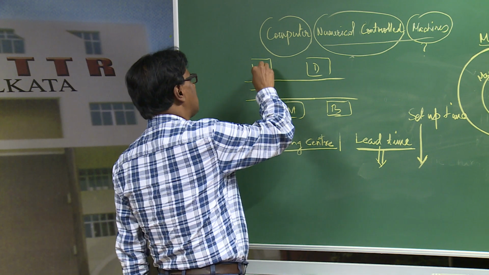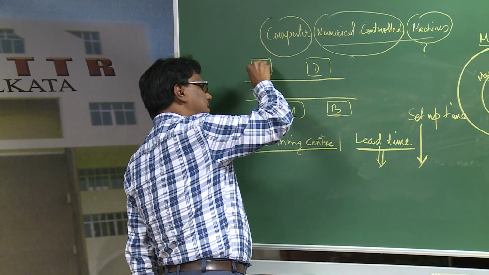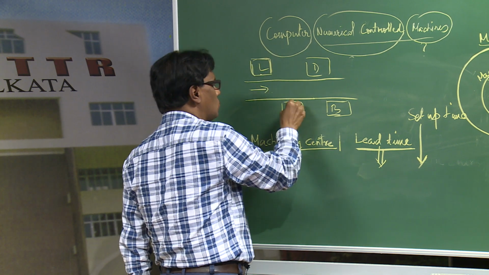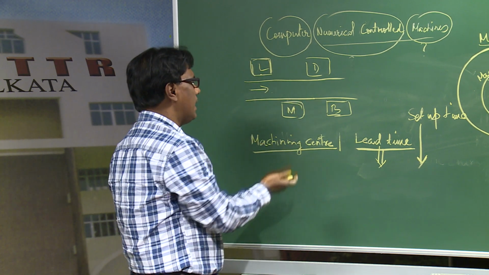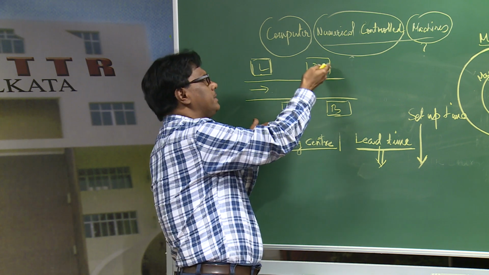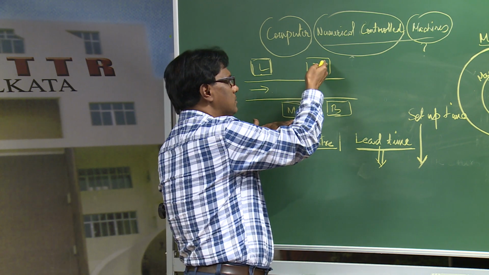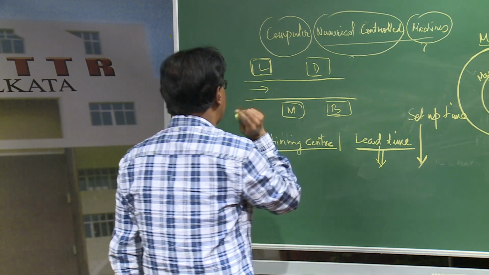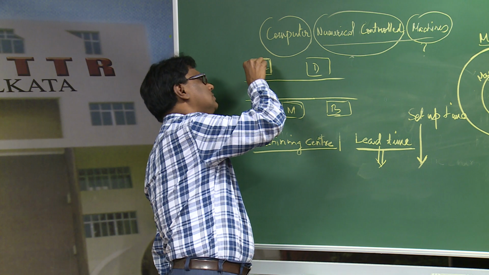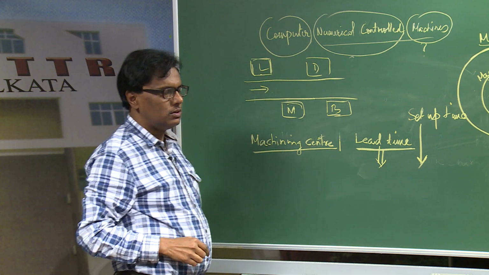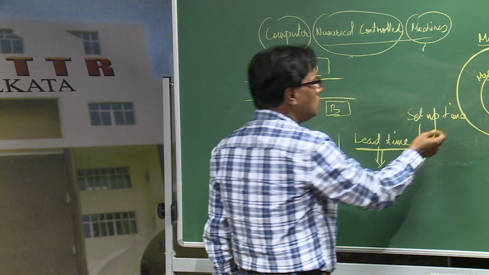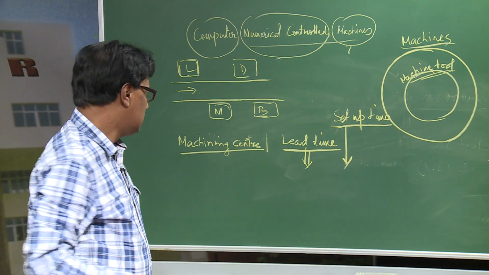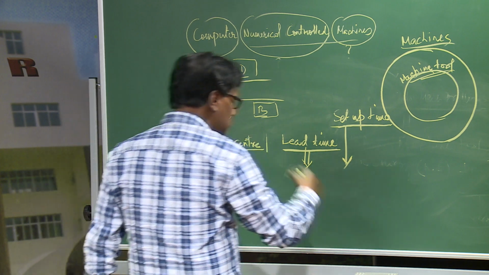So, for this product first I have to set up the job in the lathe, then once this lathe operation is completed, this job goes to the milling machine, and once this operation is completed, this job goes to the next machine, and so on. That means, if I want to produce this product, I have to set up the job in each of the machines. If I want to decrease this time, what is the solution?